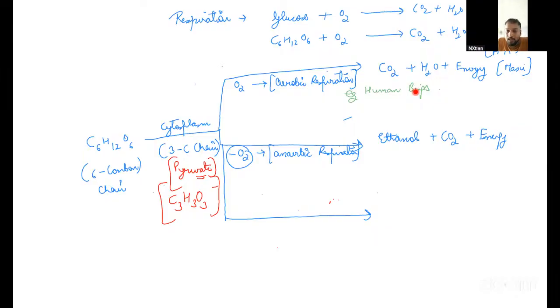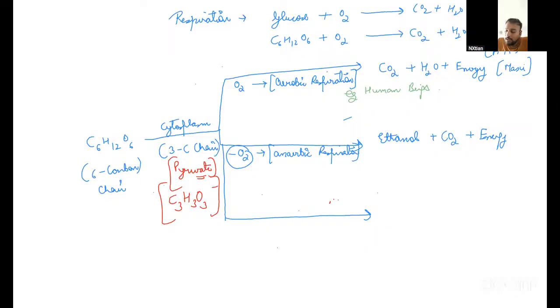Basically, what I'm trying to say is, after formation of pyruvate, different types of organisms can follow different pathways. Human beings follow the aerobic respiration pathway, in which pyruvate breaks down in the presence of oxygen to give carbon dioxide, water, and maximum energy. Anaerobic respiration is in the absence of oxygen.